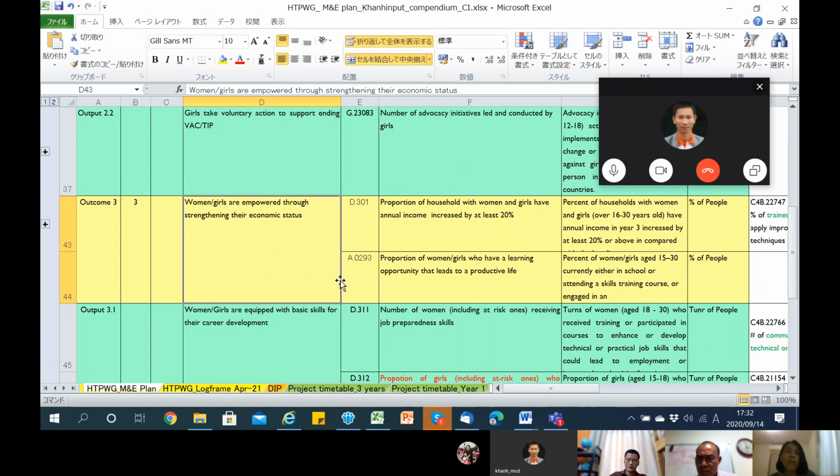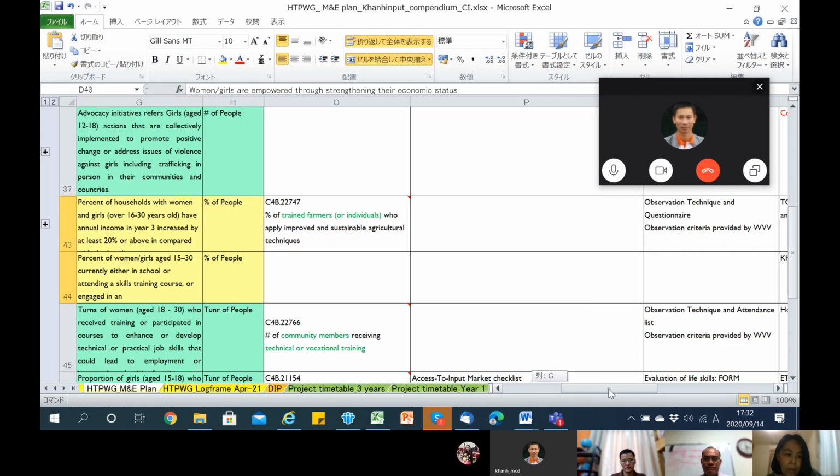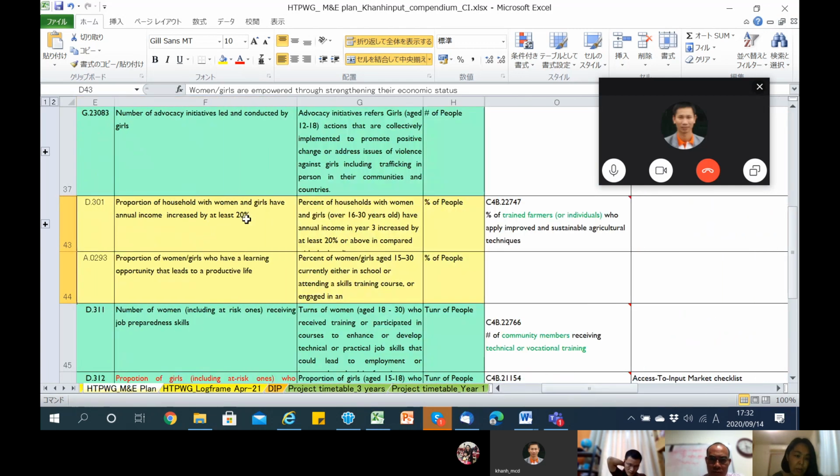We provide them vocational training, or we try to have a job information fair, so that more women and girls will get jobs. That's the idea for this outcome.